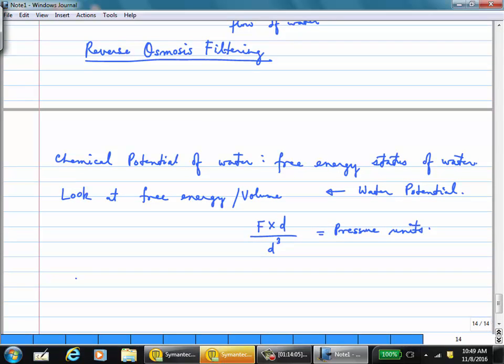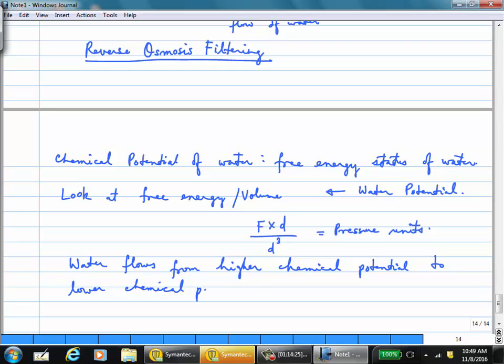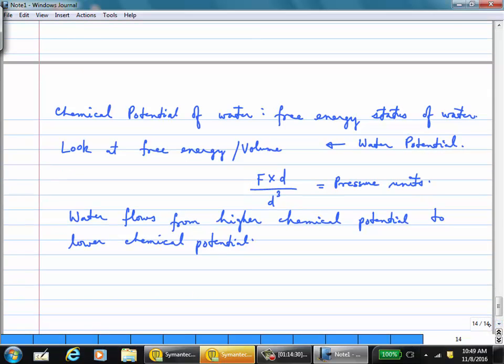Now water flows from higher chemical potential to lower chemical potential. And if you're looking at water potential, it has got three components, right? So water will flow down the water potential gradient, and the water potential has three components. Psi is made up of psi sub s plus psi sub p plus psi sub g, right?